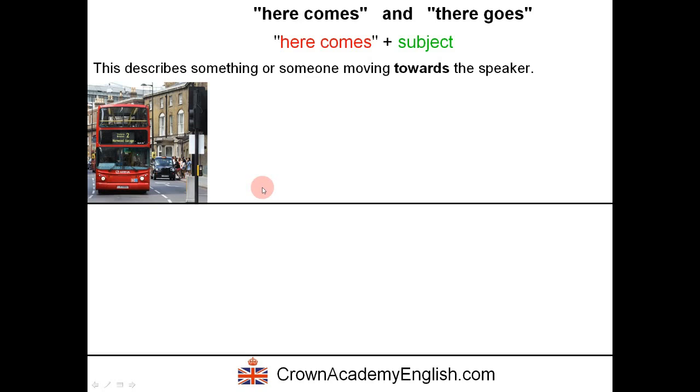And here is a classic example. Here comes the bus. Get your ticket ready. So we are describing that the bus is moving towards us, moving towards the speaker. Okay.